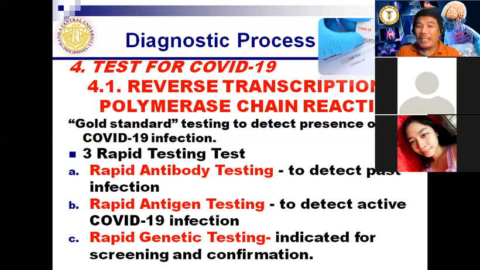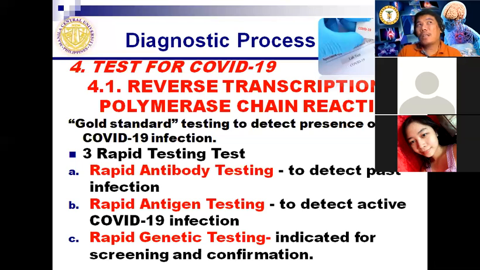The rapid antigen testing is the one that is used to detect active COVID-19 infection. Okay? The RT-PCR is the gold standard. The rapid antigen is to detect active infection. So that could be the second alternative. Next, the rapid genetic testing is indicated for screening and confirmation.